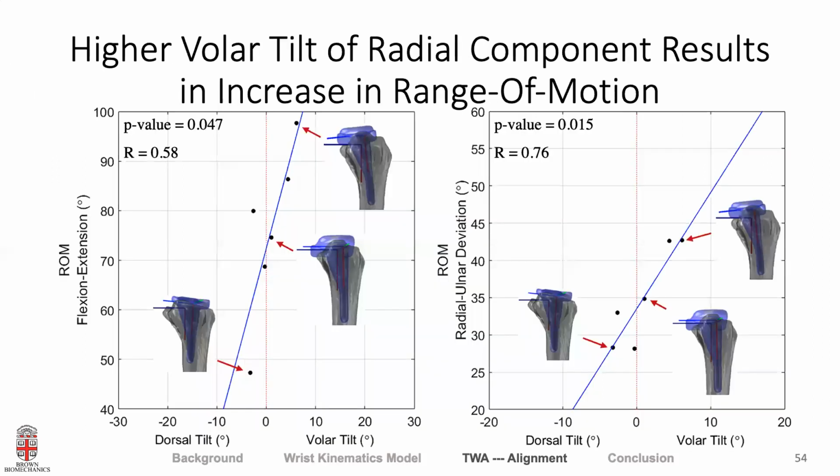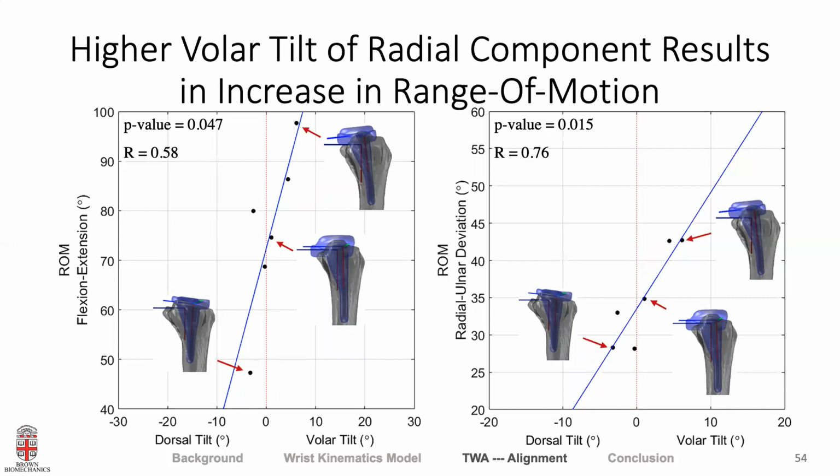In our small cohort, we saw that the wrist flexion extension and radial ulnar deviation were correlated with the volar dorsal tilt of the radial component, and they showed a range of motion increase of 4 degrees or 2 degrees per degree increase in volar tilt.